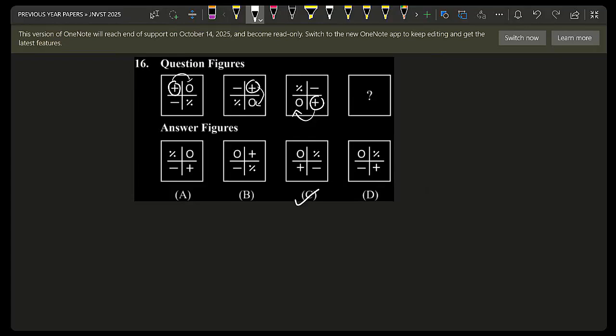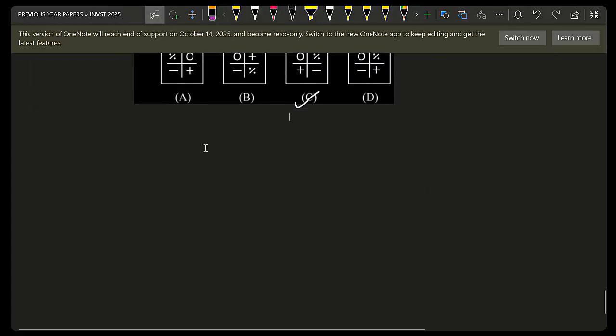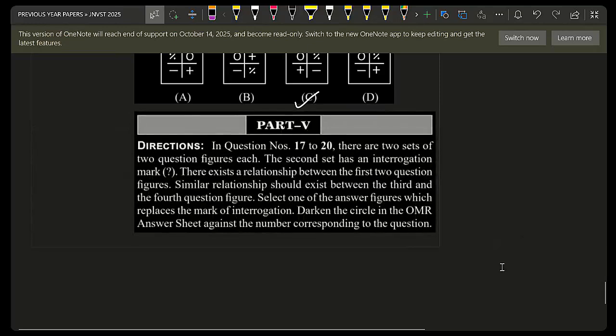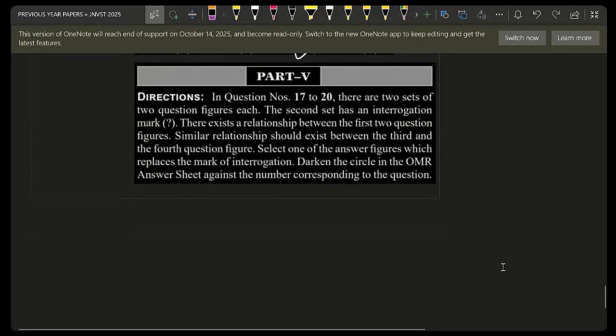Part 5. First let's go through the directions. Okay, in this part 5, in this section, what are we going to do? Question number 17 to 20. There are two sets of two question figures each. The second set has an interrogation mark.